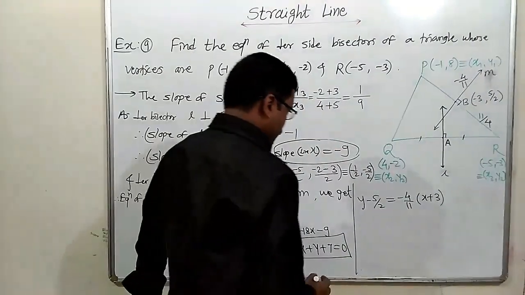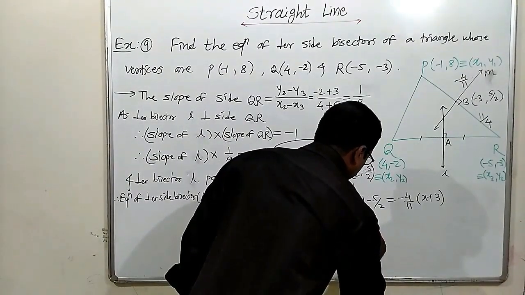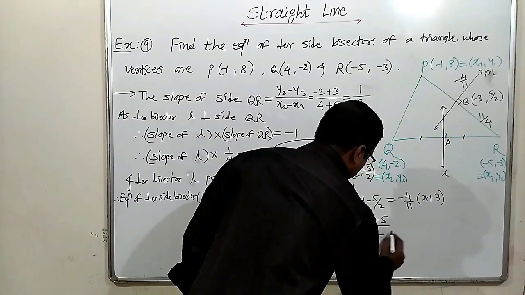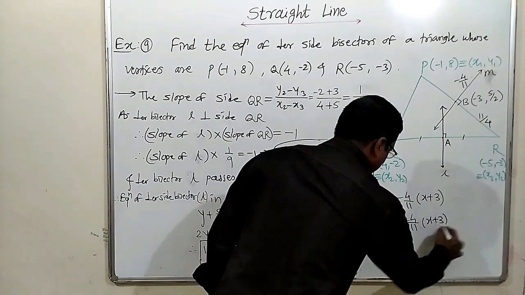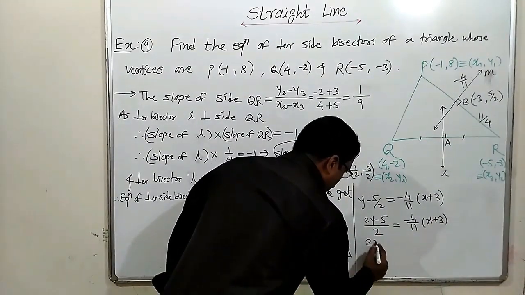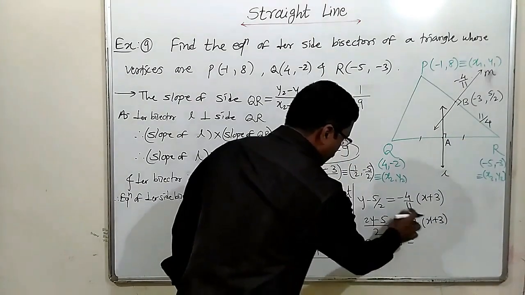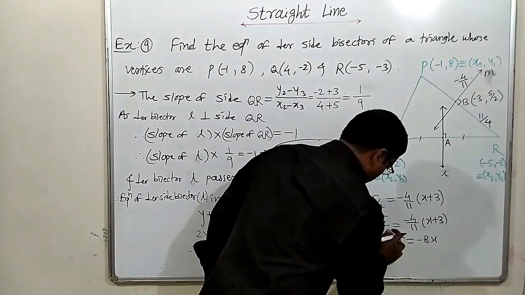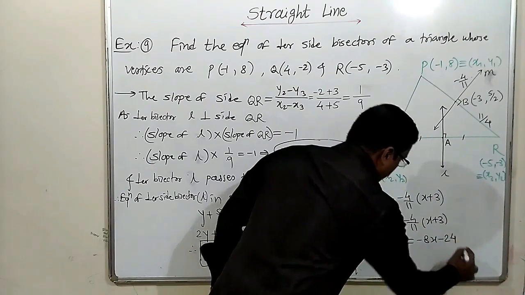Therefore, on simplification, we get y minus 5 upon 2 is equal to minus 4 by 11 into x plus 3. So multiplying by 11 and 2, we get 22y minus 55 is equal to minus 8x and minus 8 times 3, that is minus 24.